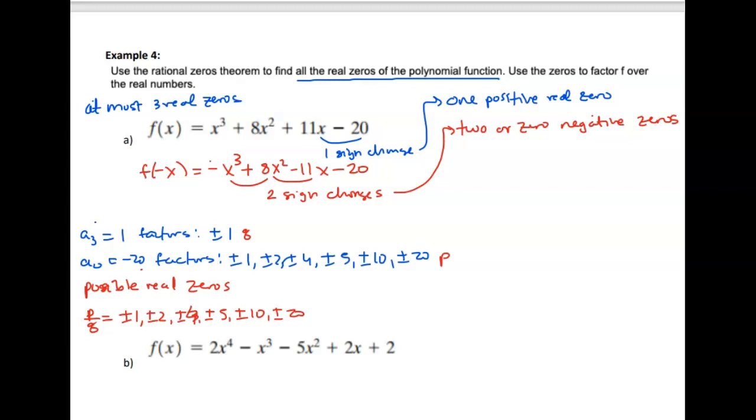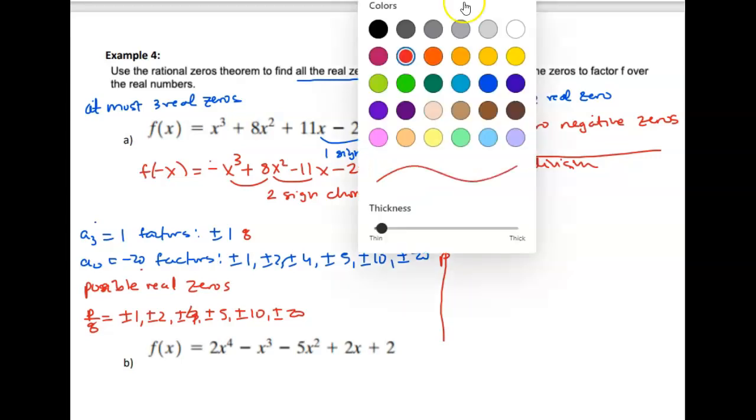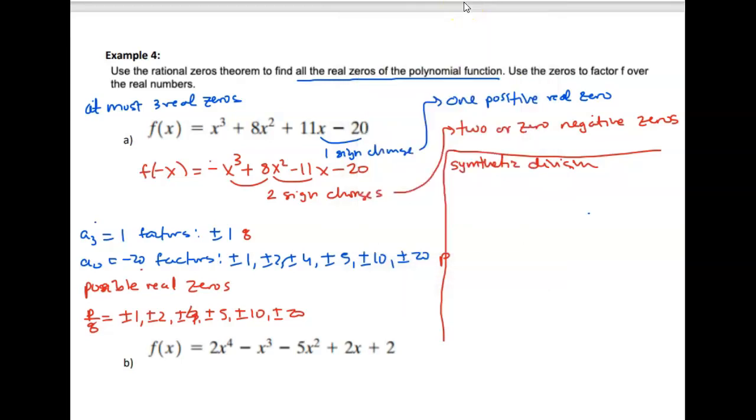You want to test these using what's called synthetic division. So we're going to take either the positive or negative to test it out. The way synthetic division works, let's say I'm guessing the zero to be positive 1. I'm going to put the 1 in the corner.